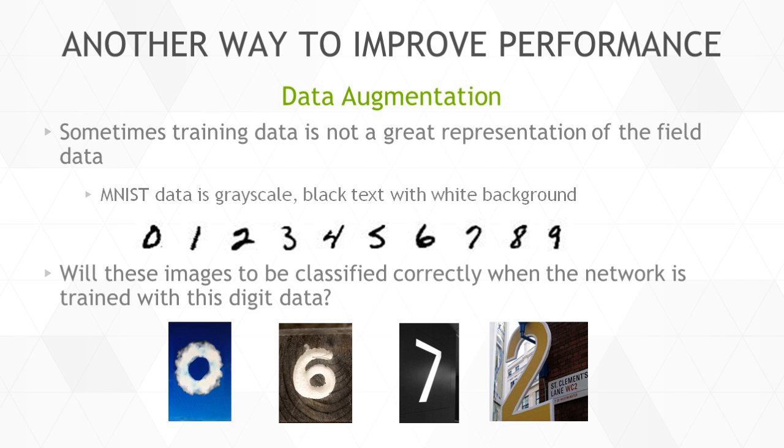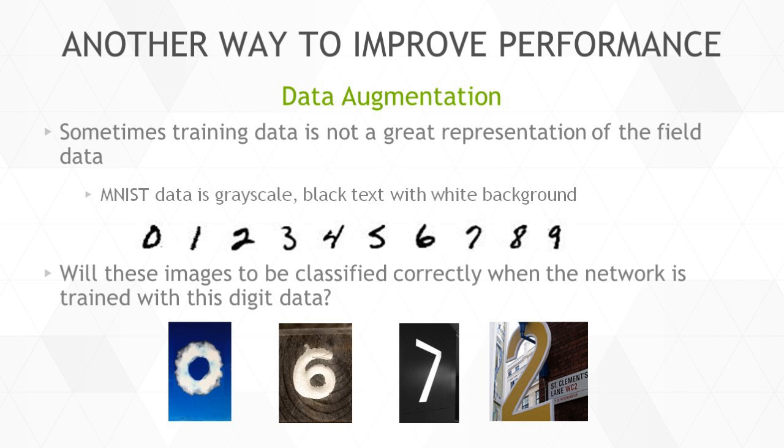I'll try reducing the learning rate. But in some cases, I don't really get the performance that I want. I want to improve the performance. And in some cases too, my training data is not a good representation or isn't the best representation of the input data I want to classify when I deploy my neural network.